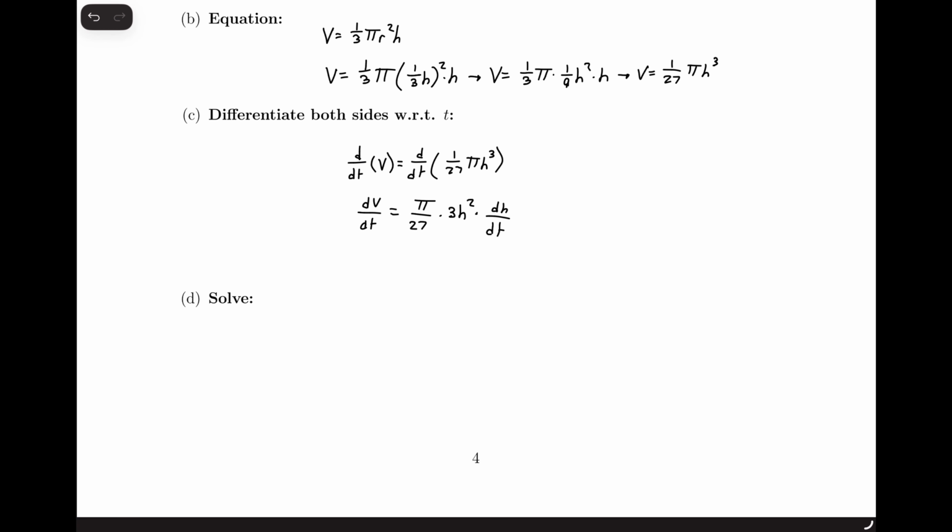And that dh/dt is what we're solving for, so we need to do a little bit of algebra here. I'm going to basically just get dh/dt on its own, which means we still have the dV/dt, multiply over that 27 and divide by the pi, and also divide by 3h squared.